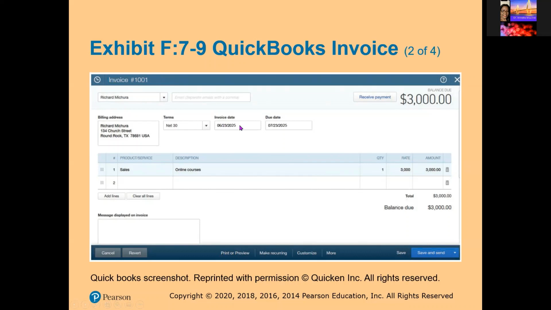It has the date. It has the payment terms, the quantity ordered, and the balance due.